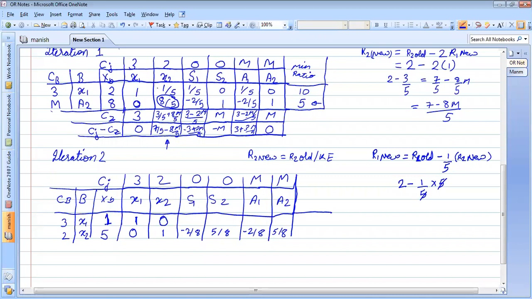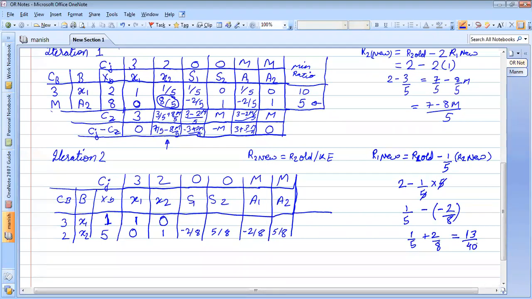Then 1 by 5 minus into minus 2 by 8. So this will become 1 by 5 plus 2 by 8. That is equal to 13 by 40.